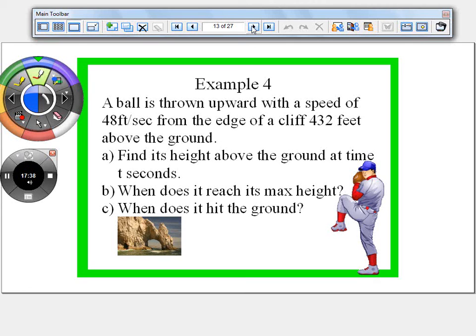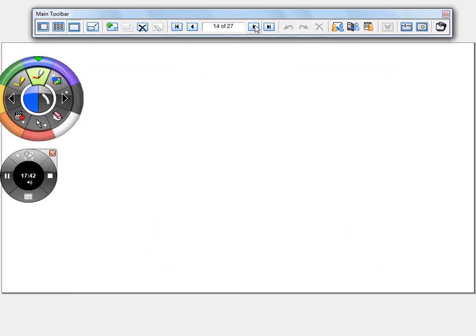But the first thing we know is we actually know the acceleration. So this is working backwards. So we know the acceleration due to gravity. So we know the acceleration of gravity is one of two things. It depends on if you're doing meters per second squared or if you're using feet per second squared.